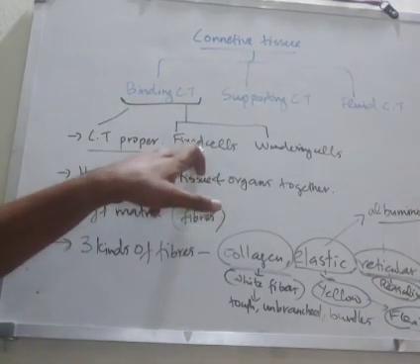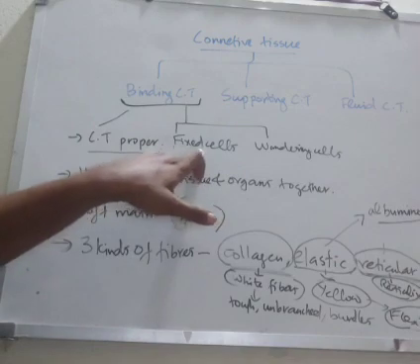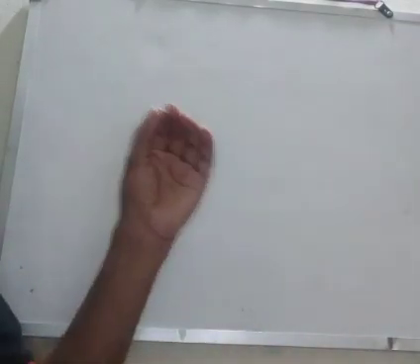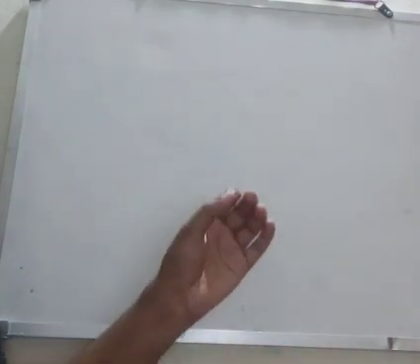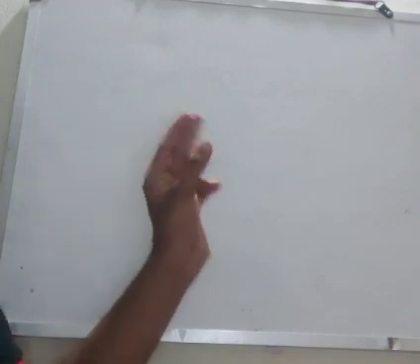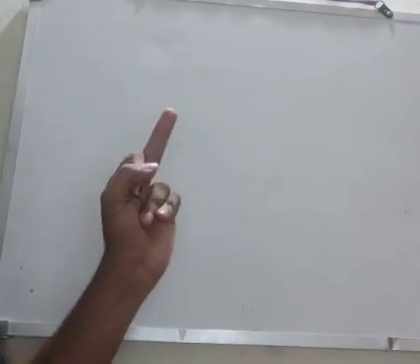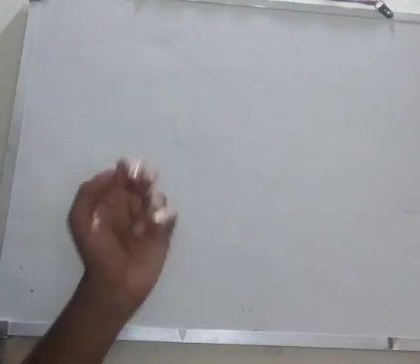Which are they? Fixed cells and wandering cells. These fixed cells are again classified into 4 and wandering cells into 2.